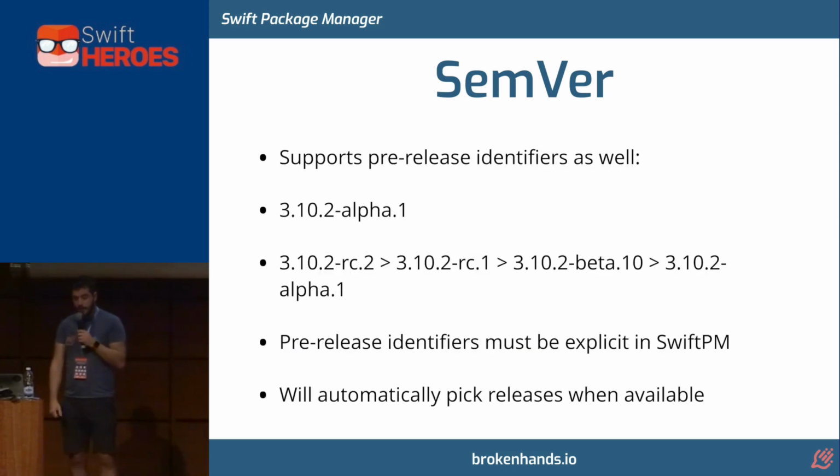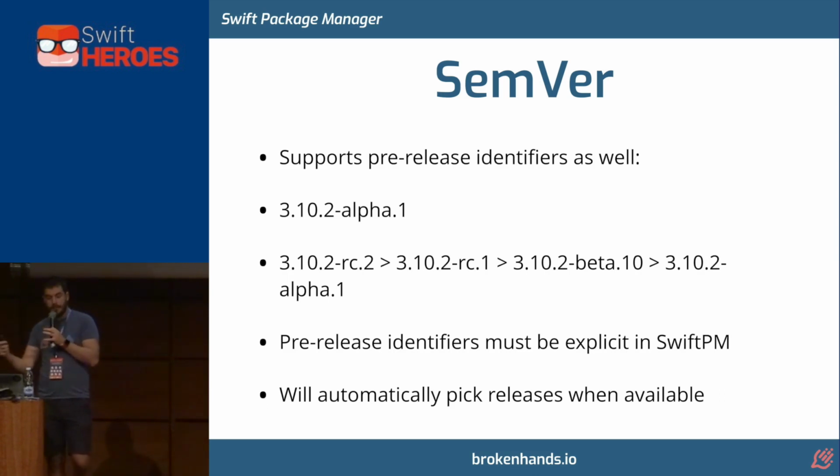Semantic versioning also supports pre-release identifiers, as does Swift Package Manager. So let's say you have 3.10.1, but you're going to release 3.10.2 at some point. You can actually announce or release a pre-release of 3.10.2-alpha.1. This denotes that it's an alpha.